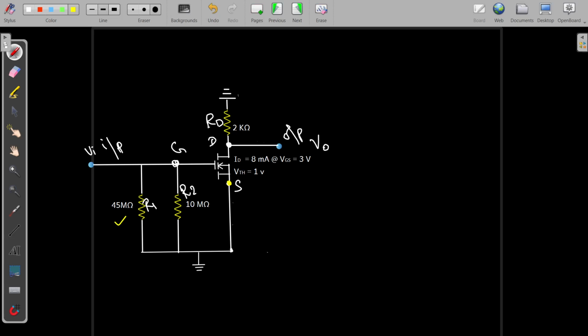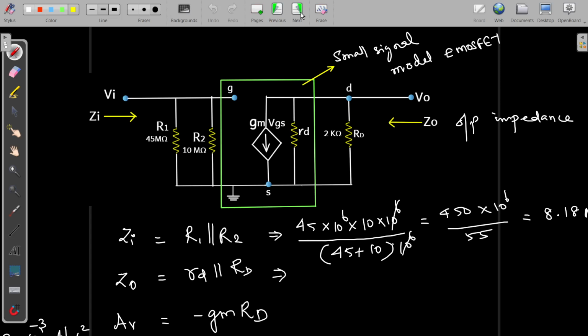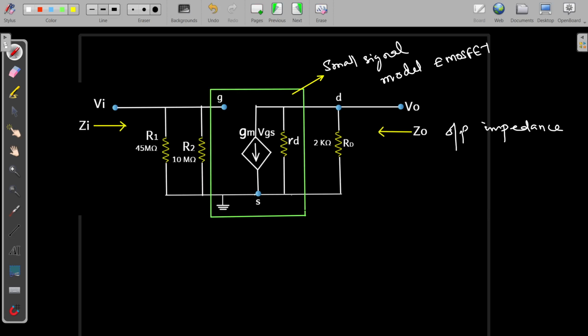Now we are going to have the small signal model for this. So the green box within which we have these components, right, that represents our small signal equivalent model for this E MOSFET. So this is our G, that is the gate point, and this is the source point which is directly grounded, and this is our drain point.